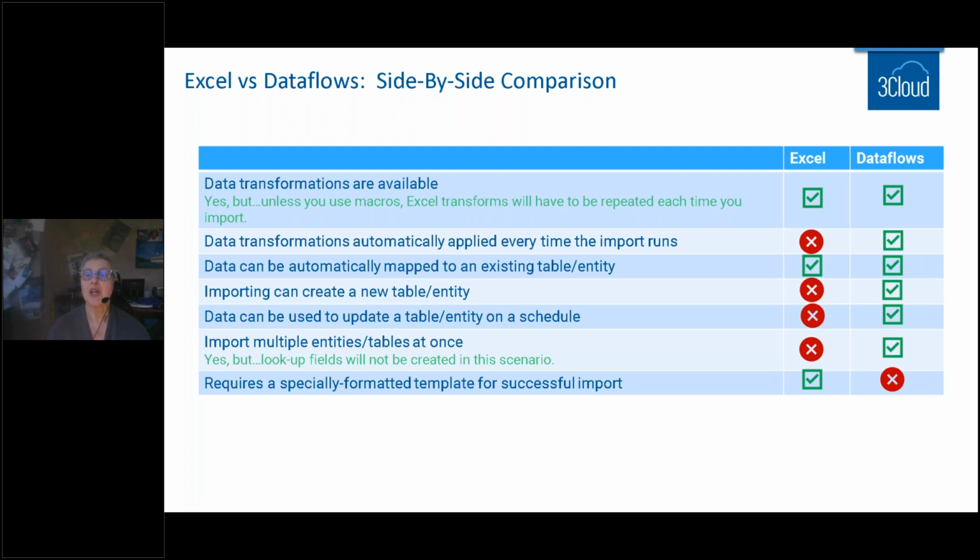You can actually create a new table or entity with the data flow. You don't have to go in and create the table in advance in some cases. In some cases you will, and we'll talk about that. You can use the data flow to automatically update on a schedule, and you can import multiple entities at one time, which is cool. That's one of my favorite things.